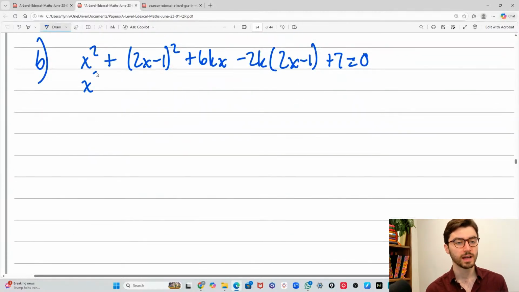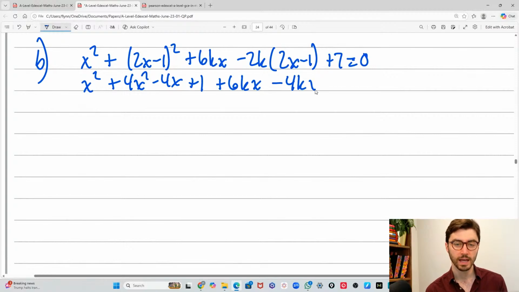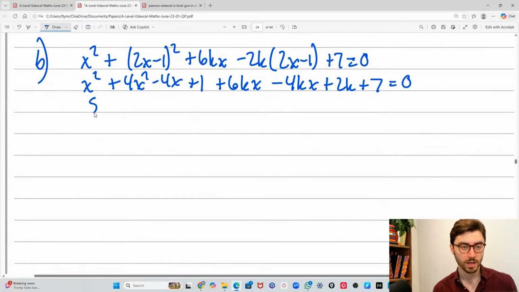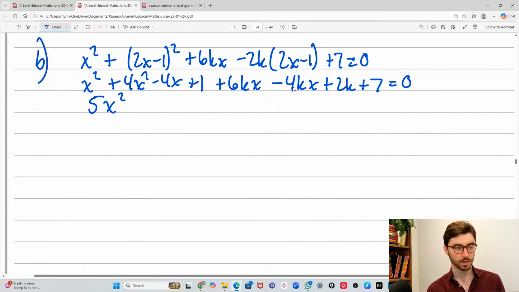We're going to expand this all out. So x squared plus 4x squared minus 4x plus 1 plus 6kx minus 4kx plus 2k plus 7 equals 0, making sure I don't make any execution errors. So 5x squared. Now let's lump together all the x's here.